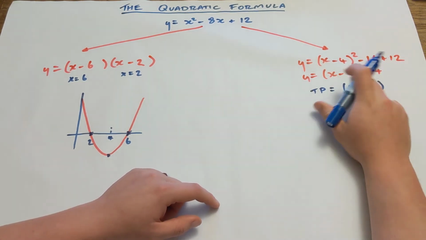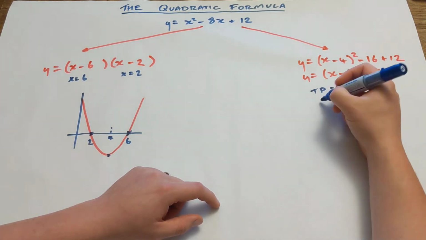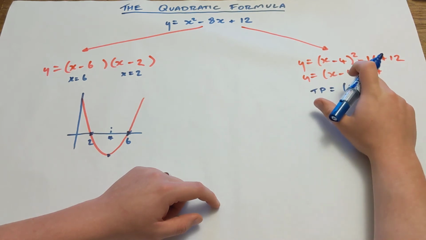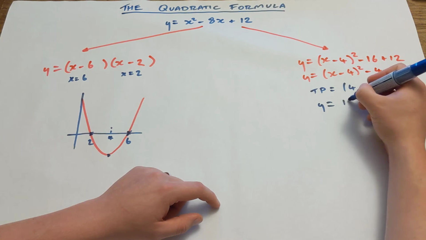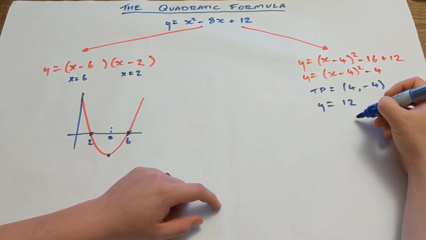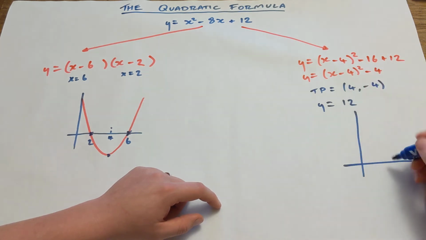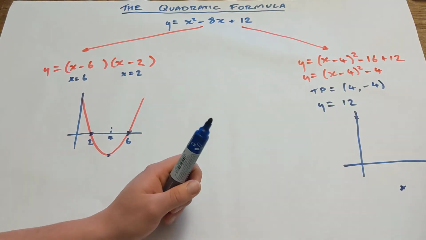And we could substitute in x equals 0 to get the y-intercept. If we substituted in 0 here, we get minus 4 squared is 16, take away 4 is going to give us 12. So we do a little sketch. We know the turning point is at (4, -4) down here, and it's going to cross at 12 up there.